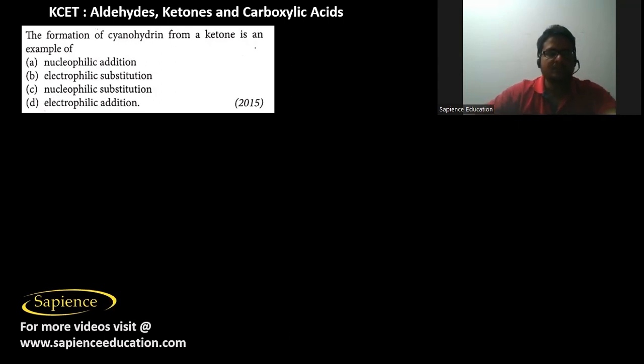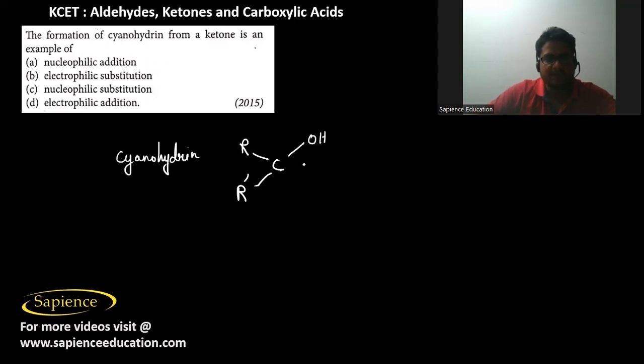Then here it is told the formation of cyanohydrin from ketone is an example of. So cyanohydrin is like this. It means that here we have two alkyl groups attached to the same carbon, and on the same carbon we have the alcohol group and the cyano group.